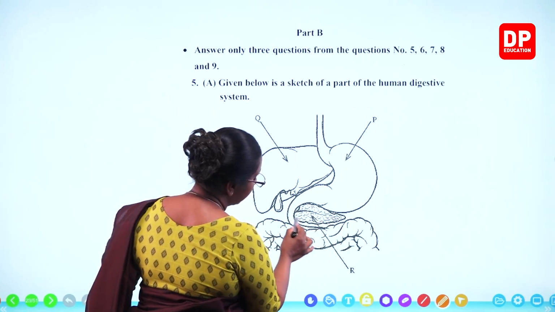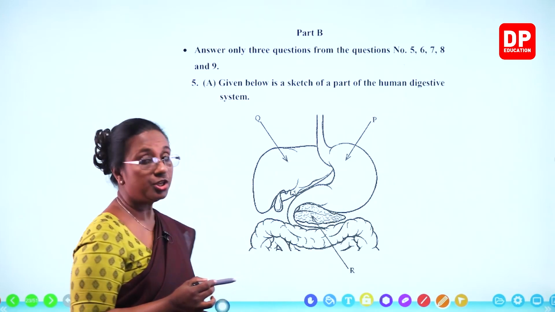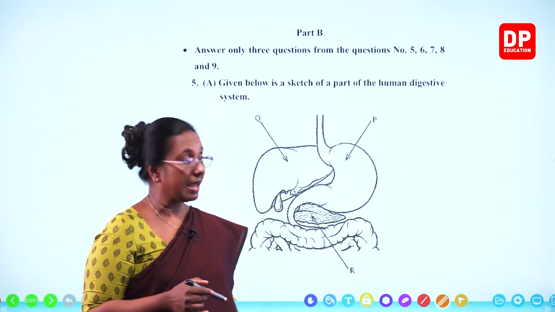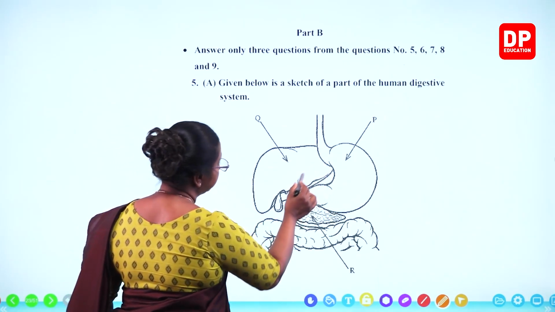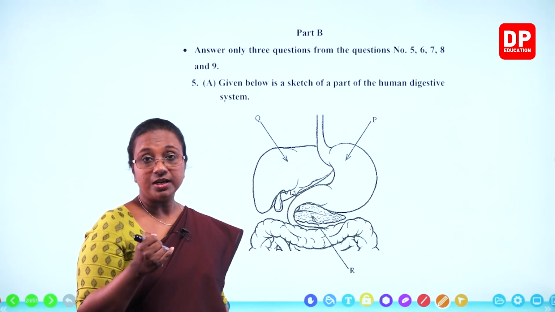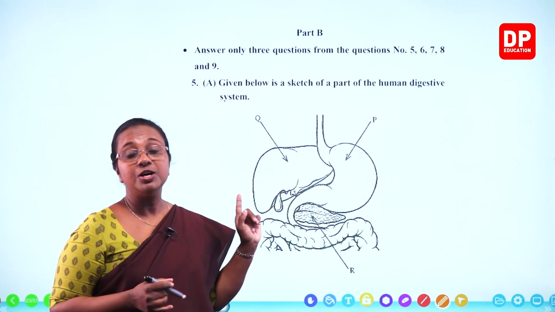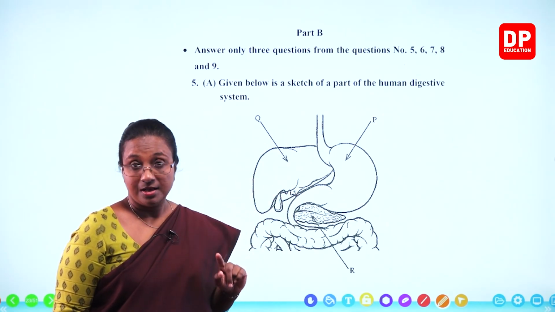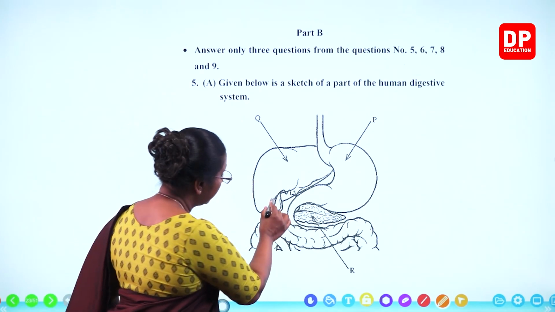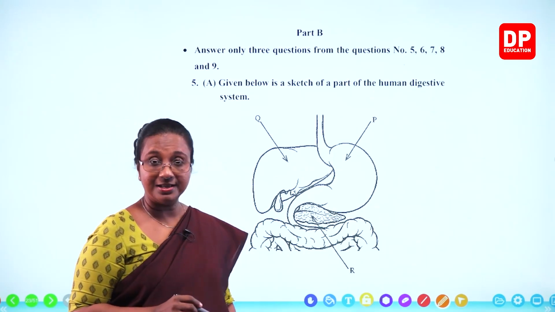This is what is labeled as R. You can see a leaf-like structure, so you all know it is the pancreas. And this particular structure, a secreting organ of the digestive system, is the liver. You all know the liver normally secretes bile, and bile is stored inside the gallbladder. This small sac-like structure is the gallbladder.